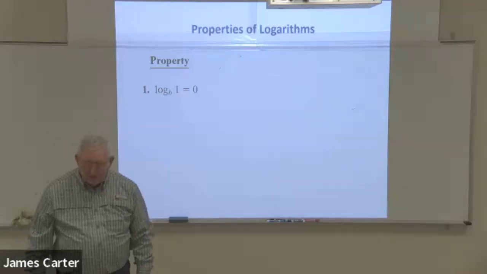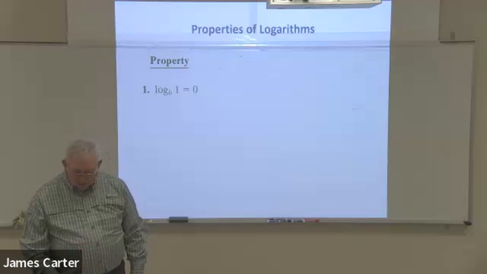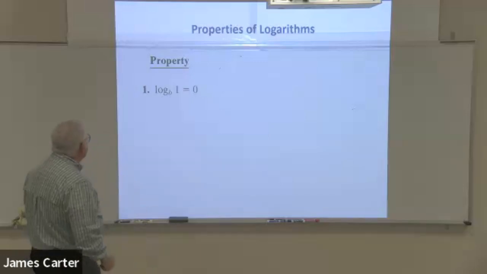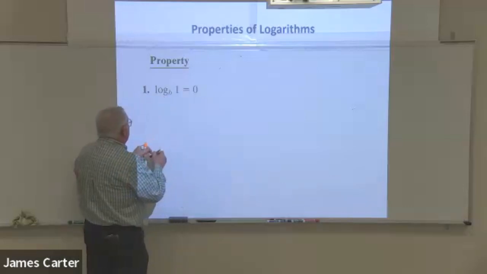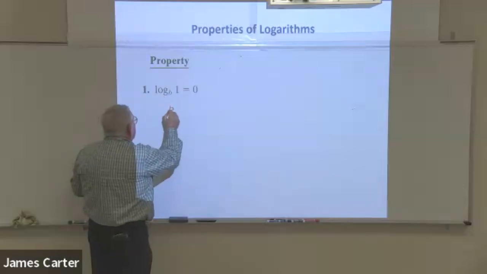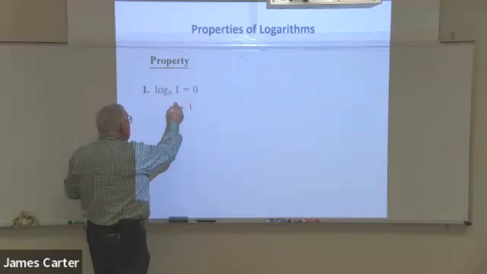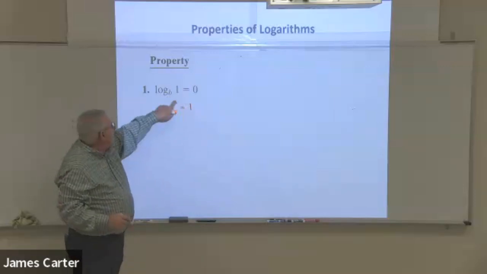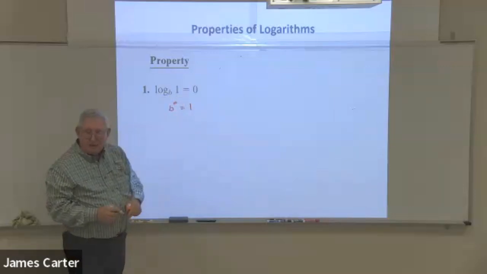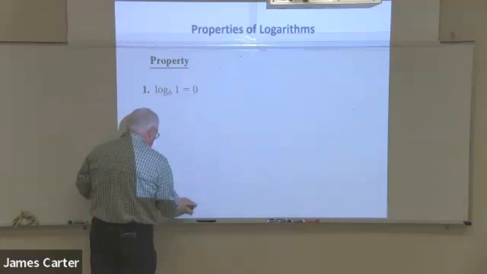Remember, anything to the 0 power is 1. Well, if I put this in exponential form, b to the 0 equals 1. And anything to the 0 power equals 1. So you see, these are equivalent statements. That's the point I'm trying to make.